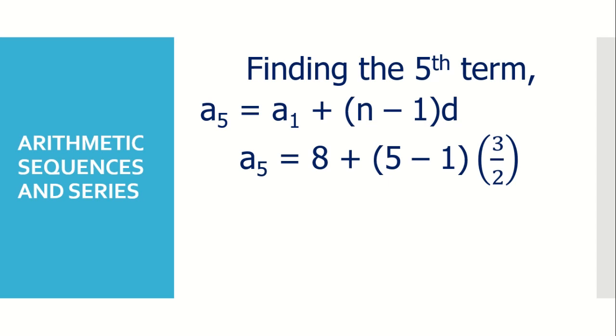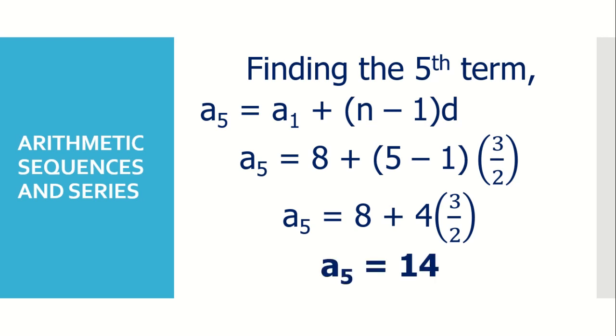Following the PEMDAS rule, we subtract first 5 and 1, and then multiply it by 3 halves, then adding that to 8. So we have a sub 5 is equal to 8 plus 4 times 3 halves, or that would be equal to 14.